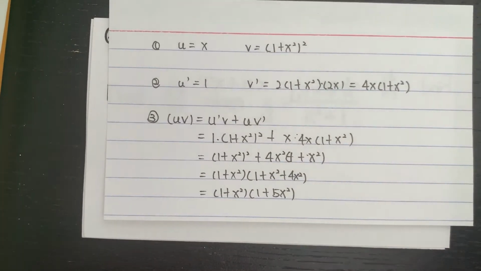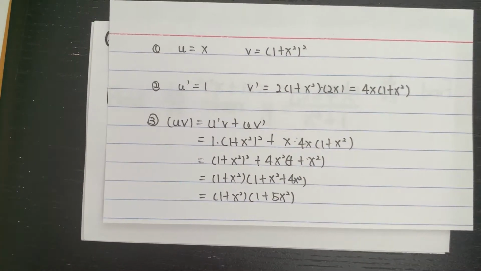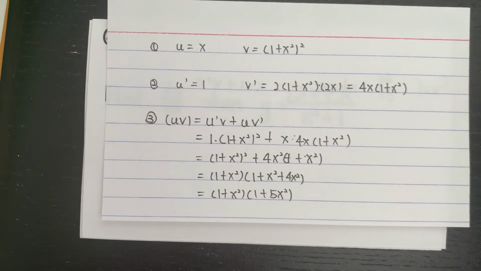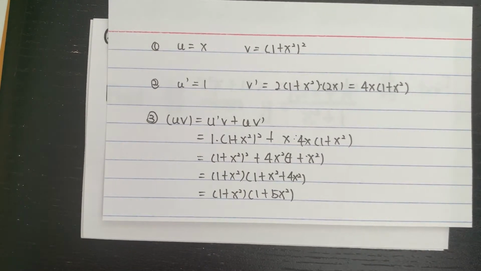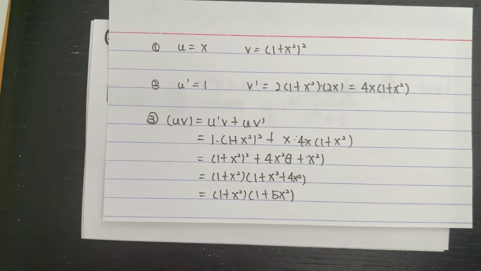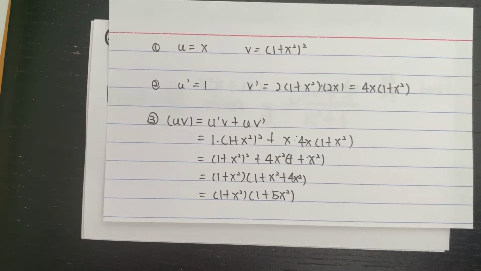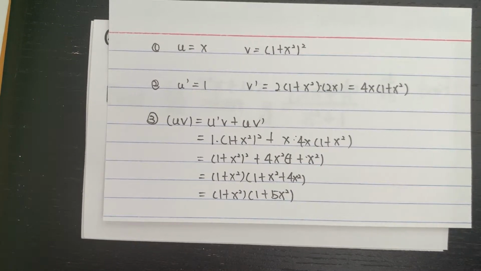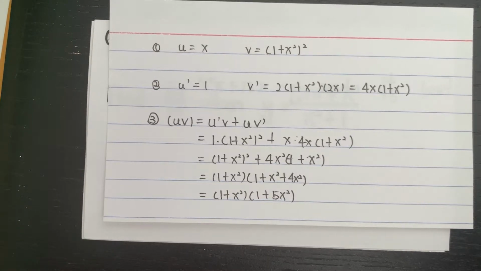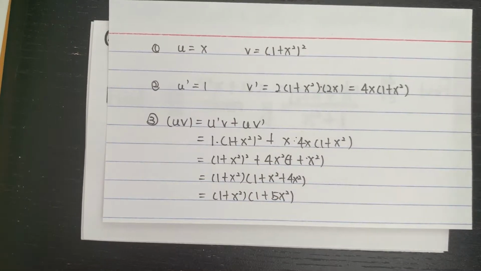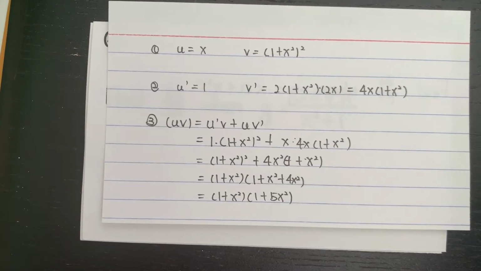So first of all, the first step is always to define the two functions, and the derivative of the first function is 1. Of the second function is 4x times (1 plus x squared), and the third step, we use the formula again and combine them together, and the answer should be (1 plus x squared) times (1 plus 5x squared).